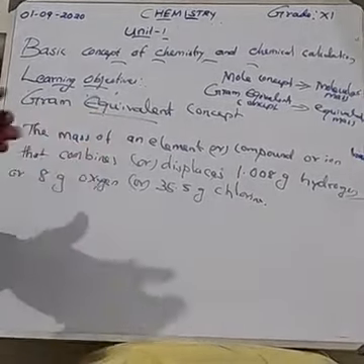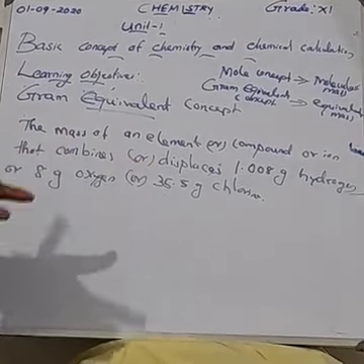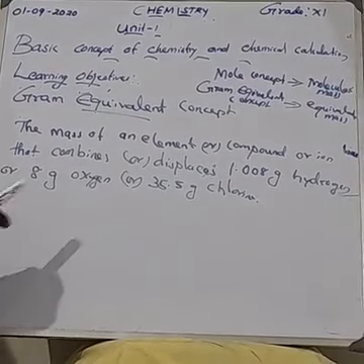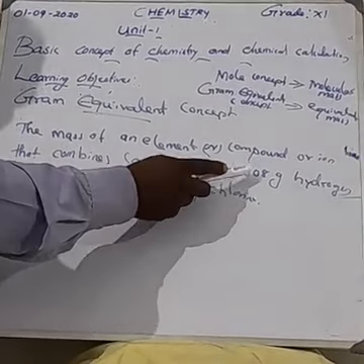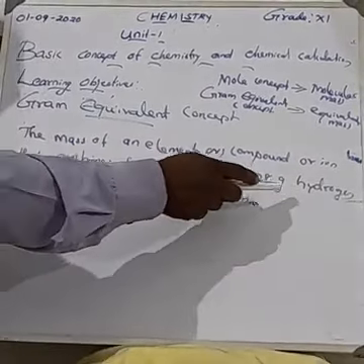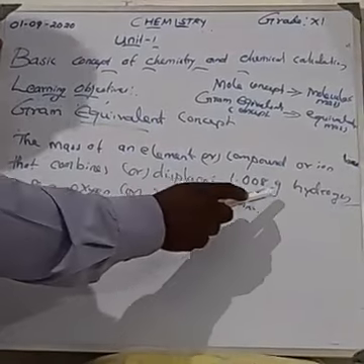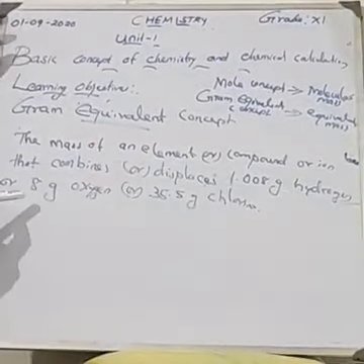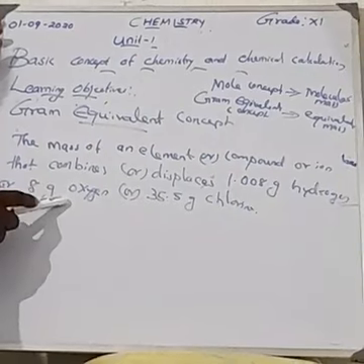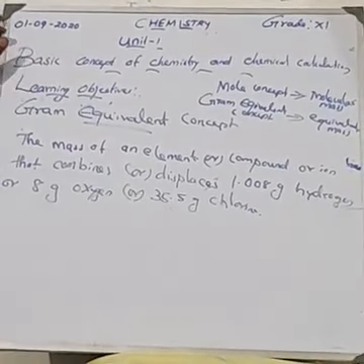Combines means combining together; displaces means one place to another. 1.008 gram of hydrogen is a constant value for hydrogen. So 1.008 gram hydrogen, or 8 gram oxygen, or 35.5 gram chlorine. This is the definition.